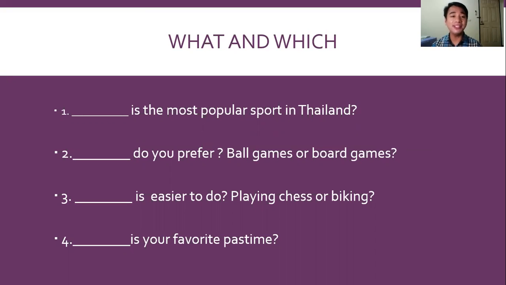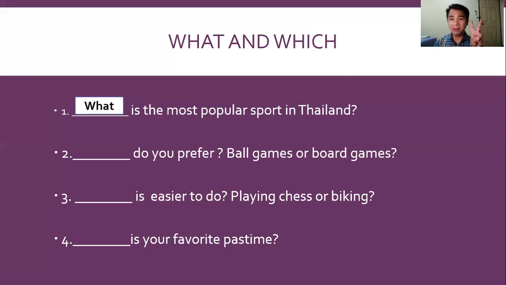Correct. The correct answer is what. What is the most popular sport in Thailand? Okay? So if I'm going to ask you, what is the most popular sport in Thailand? What will be your answer? Yes, you can say it's soccer or it's football.